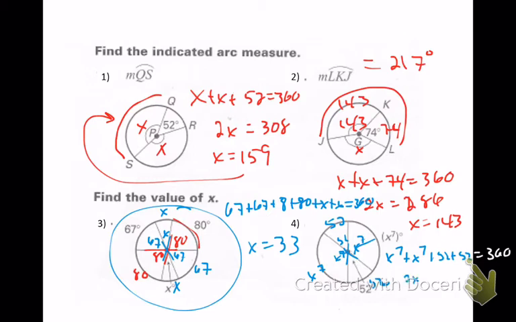Not tough, but 2x to the 7th plus 104 equals 360. So subtract 104, divide by 2, and x to the 7th is going to be equal to 128. And then we have to take the 7th root. That's weird, isn't it? But you'll get there. Okay? And then solve from there. But at this point, don't worry about it.